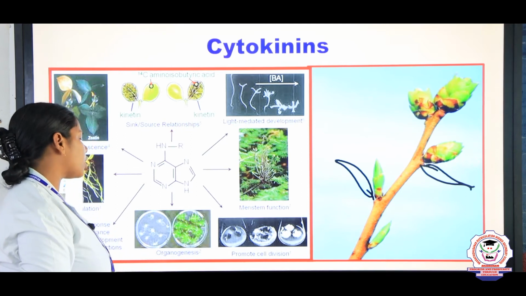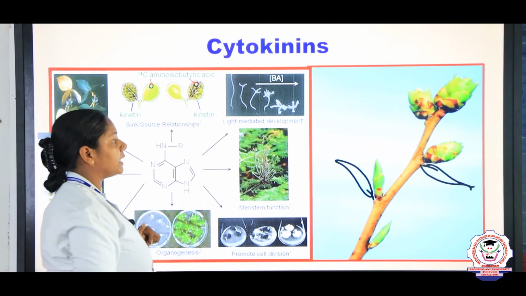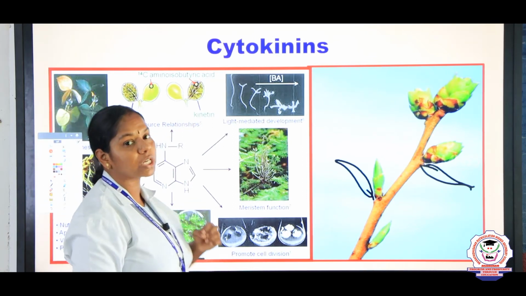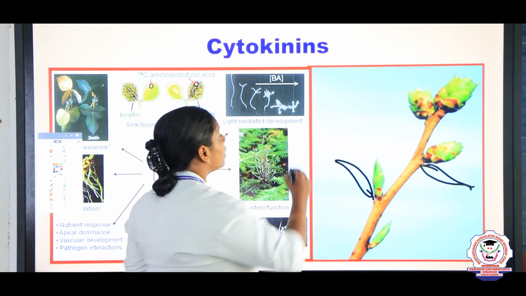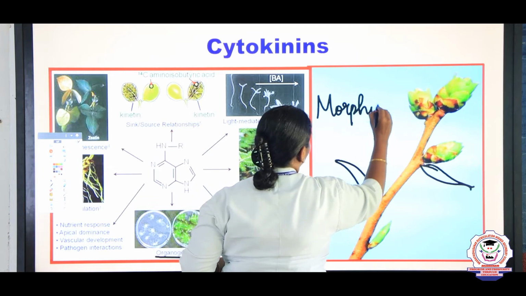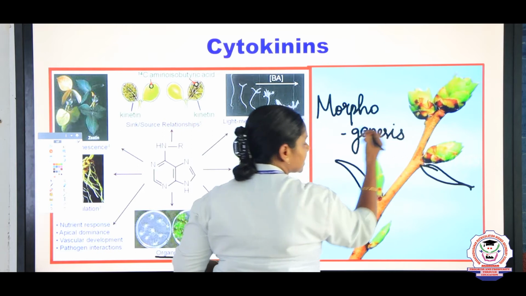Apart from this, there are many important functions, children. It helps in morphogenesis. Morphogenesis means what? At the time of tissue culture, there is one important process called morphogenesis or organogenesis. What do you mean by morpho? Morpho means external, right?